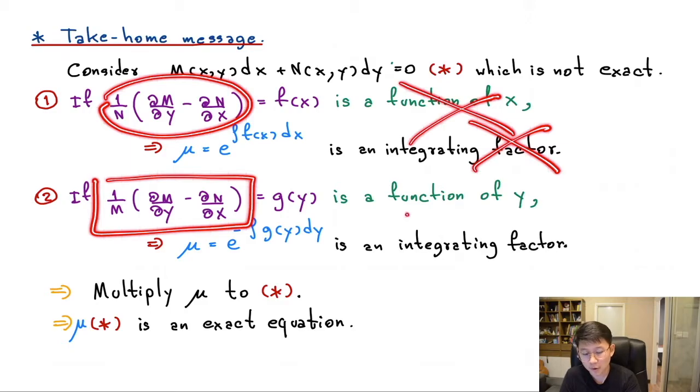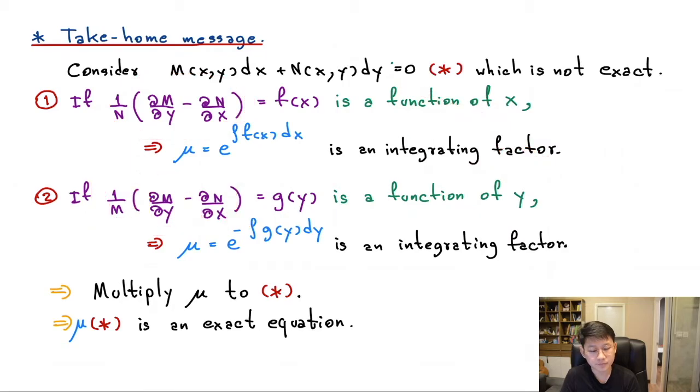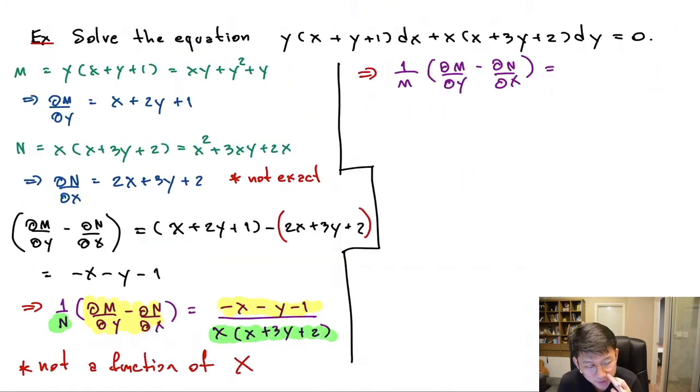Okay, so 1 over M times the ∂M/∂y minus the ∂N/∂x. That is the same as minus x minus y minus 1, this guy, right? And then divided by M. M is y times (x plus 1 plus y plus 1).